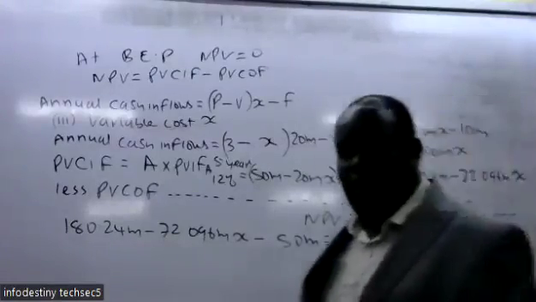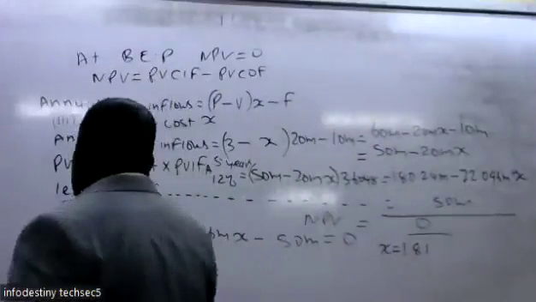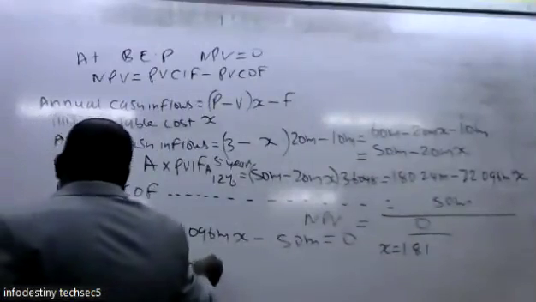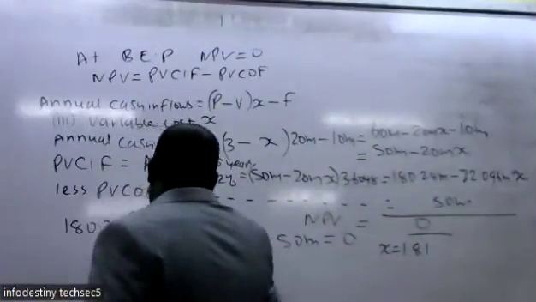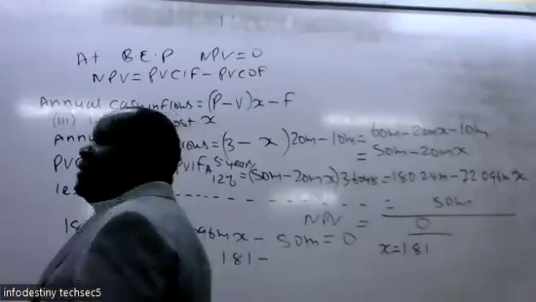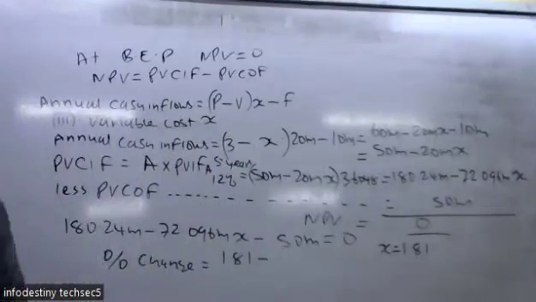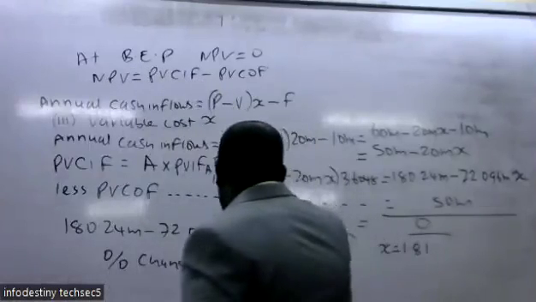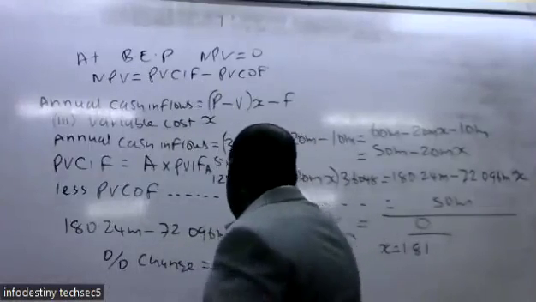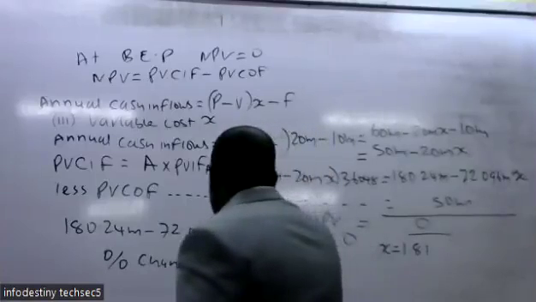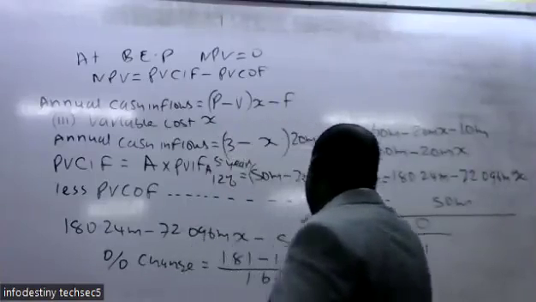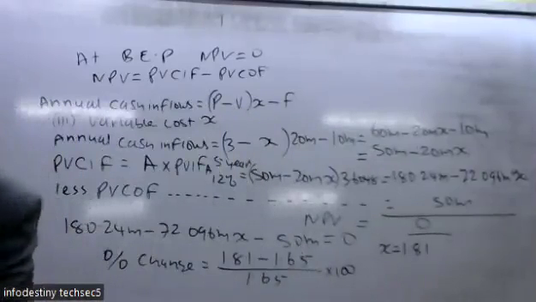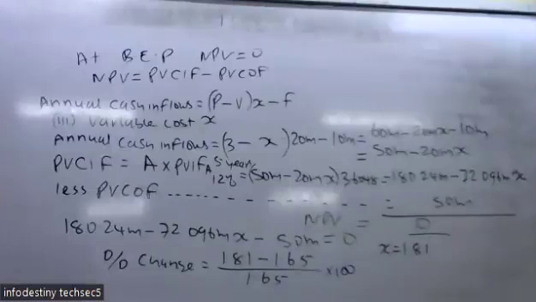We are looking for the percentage change. It is 1.81; initially, they had given us 1.65. This one is positive because it's a cost. Also divide by 1.65, then we show it as a percentage. So this one has given us what percent?